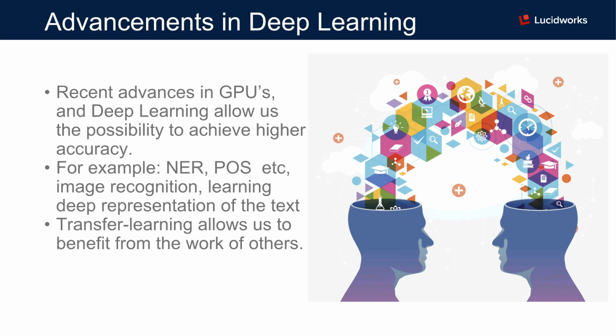However, we don't have to start from scratch. Transfer learning is a concept which allows us to reuse the models trained by companies like Google and Facebook for our use cases with small amounts of training data. These advancements in technology and science make it a perfect time to solve challenging tasks like a QA system.